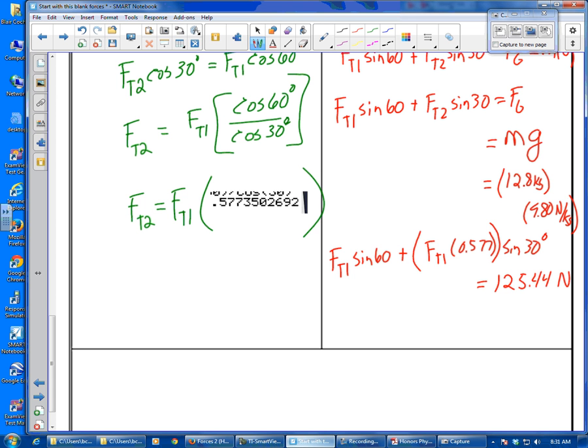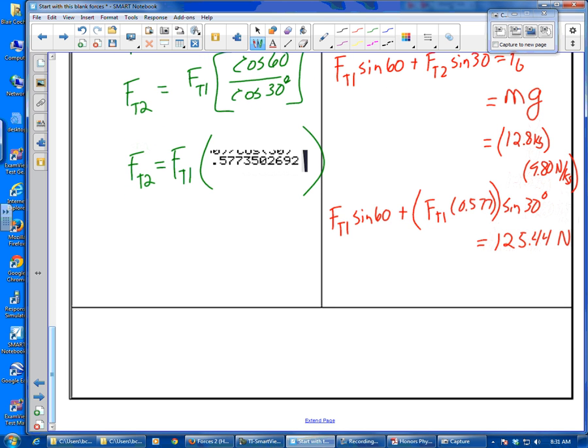Oh good, I'm down to one variable. So I'm going to pull that out in my next algebraic step. Good, I'm almost out of paper too. Ft1 times sine of 60 plus 0.577 times sine of 30 equals 125.44.